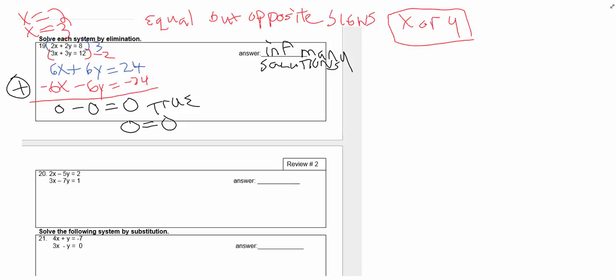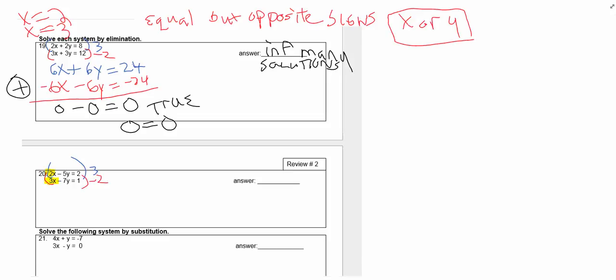And this one, hey, looks like the same type of thing, right? We have 2x and a 3x. So we could pick on the same variable x again in this problem. And we're going to do the same, multiply the top one by a positive 3 and multiply the bottom one by negative 2.